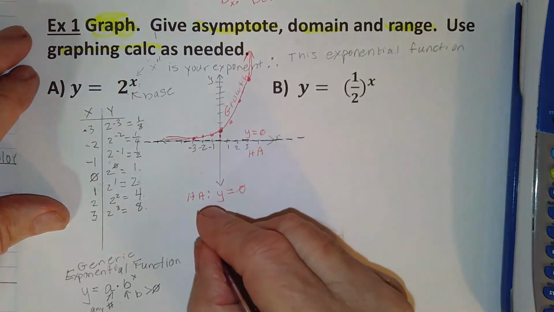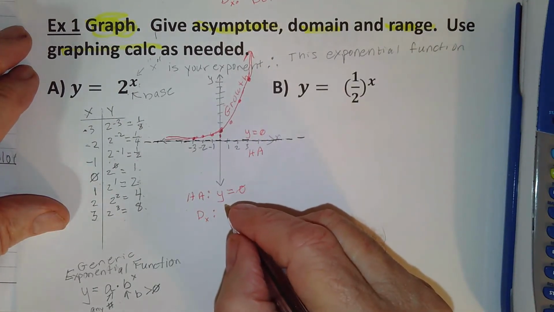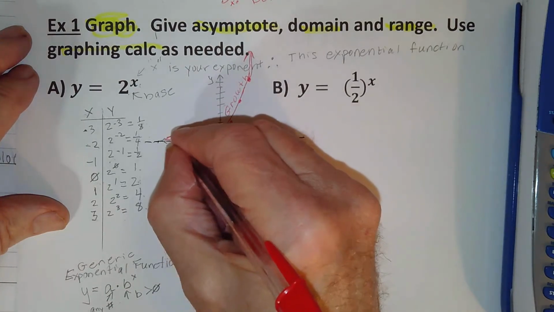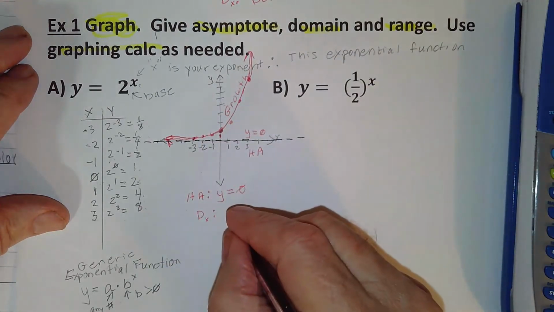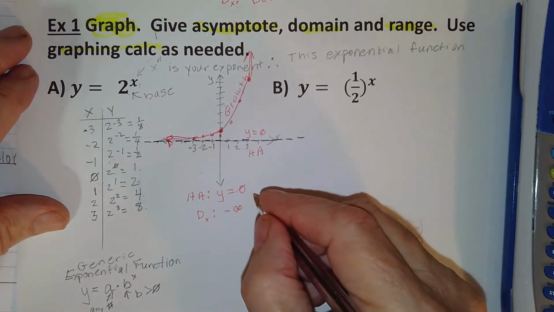And so domain, it's going to be, well, you'll notice this is going off here forever and ever, keeps on going. So it's negative infinity. And we show this like this, okay?